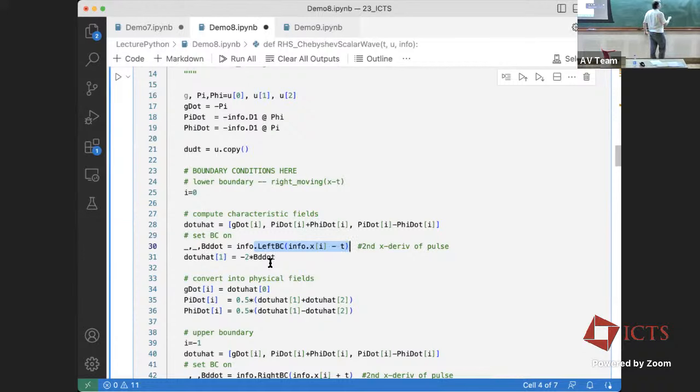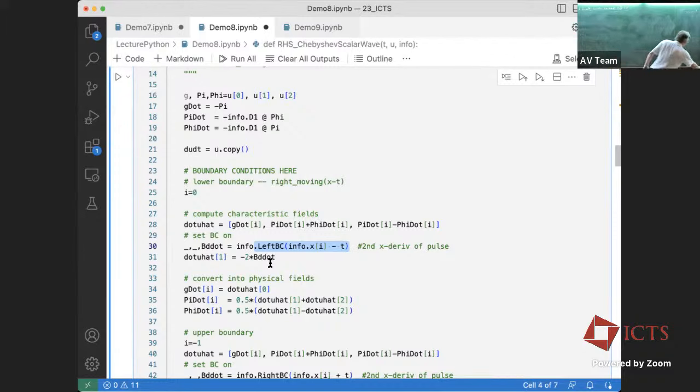And if you now want to have g being some, say, right moving function of x minus t, then this thing is going to be r prime plus r prime.